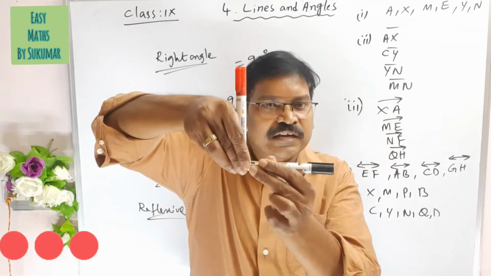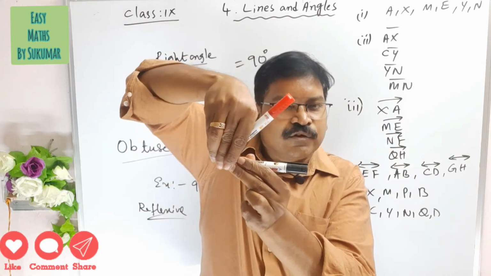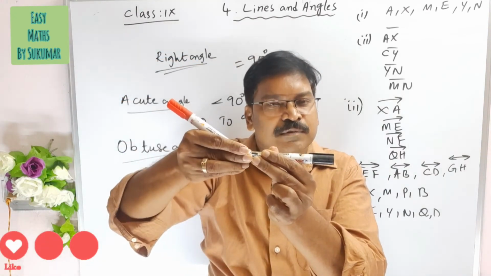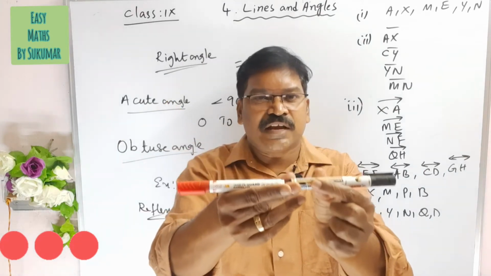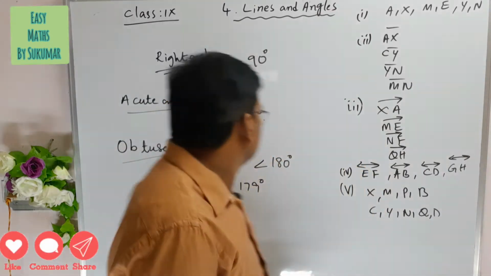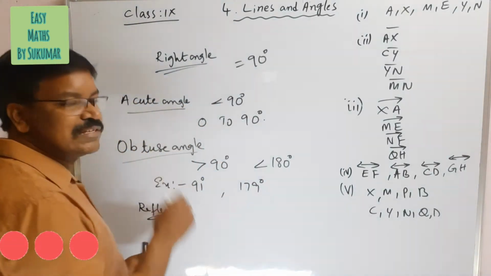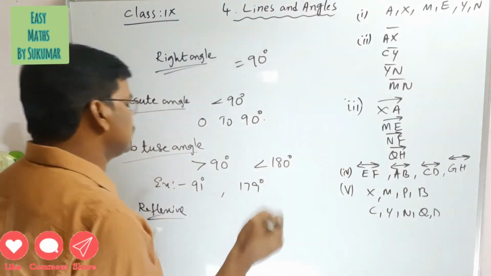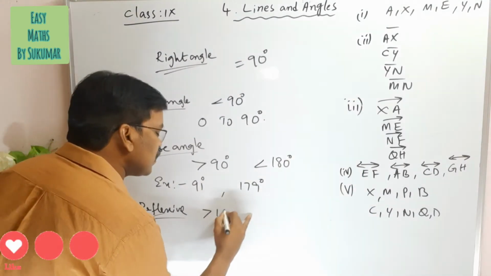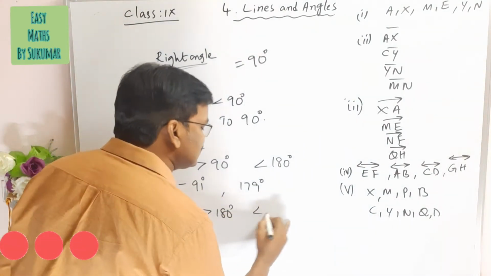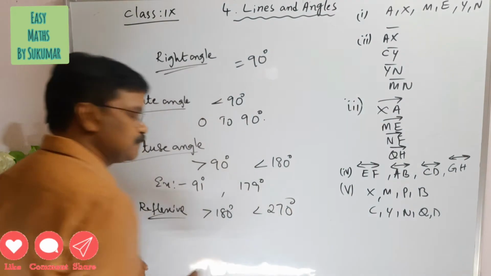This is 90; less than 90 is an acute angle; more than 90 is an obtuse angle; and this is a straight angle, meaning 180 degrees. So: right angle, acute angle, obtuse angle, reflex angle. A reflex angle is more than 180 degrees and less than 270 degrees.